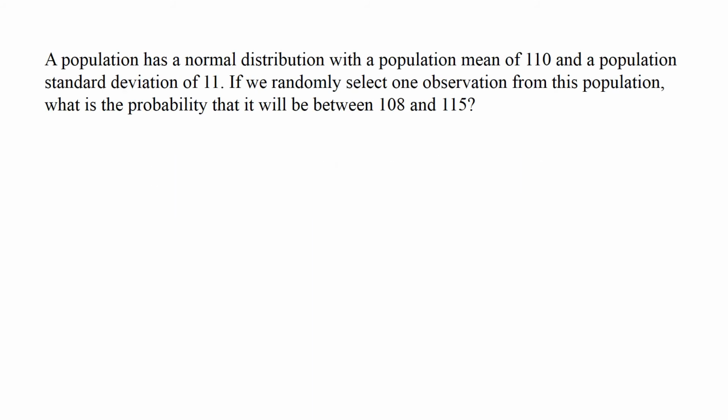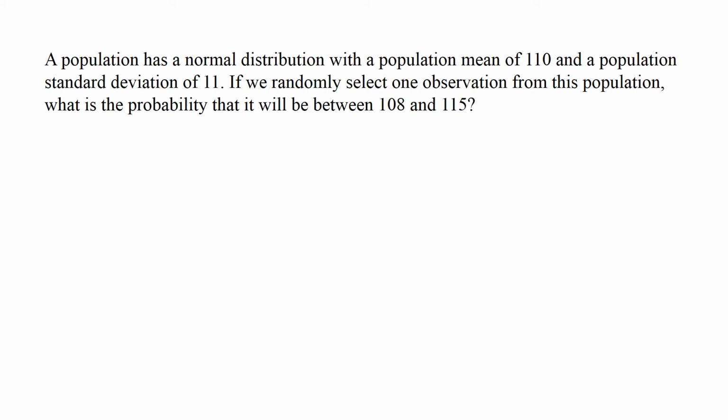The third question tells us a population has a normal distribution with a population mean of 110 and a population standard deviation of 11. If we randomly select one observation from this population, what's the probability that it will be between 108 and 115? When we sketch out this problem, start out with a symmetrical distribution with 110 in the middle as the mean.